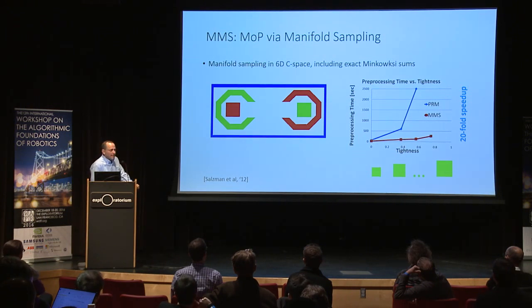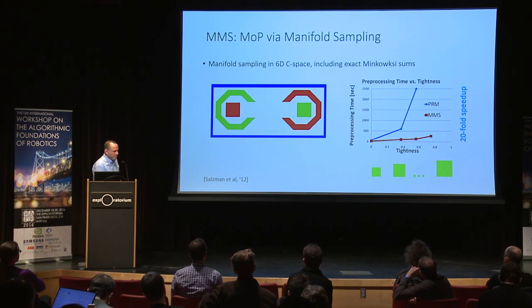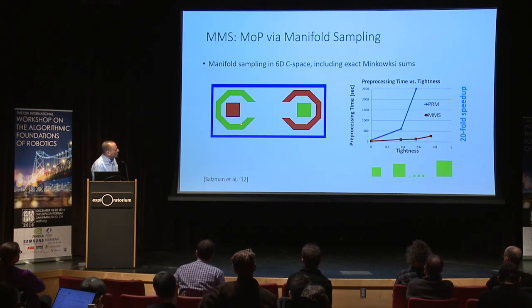Here is an experiment trying to mix sampling-based planning with exact geometric computing of Minkowski sums. It's part of Oren Salzman's PhD thesis. Here's the problem. It has 6 degrees of freedom. I have this C-shaped object, which we call Pac-Man, and a square.